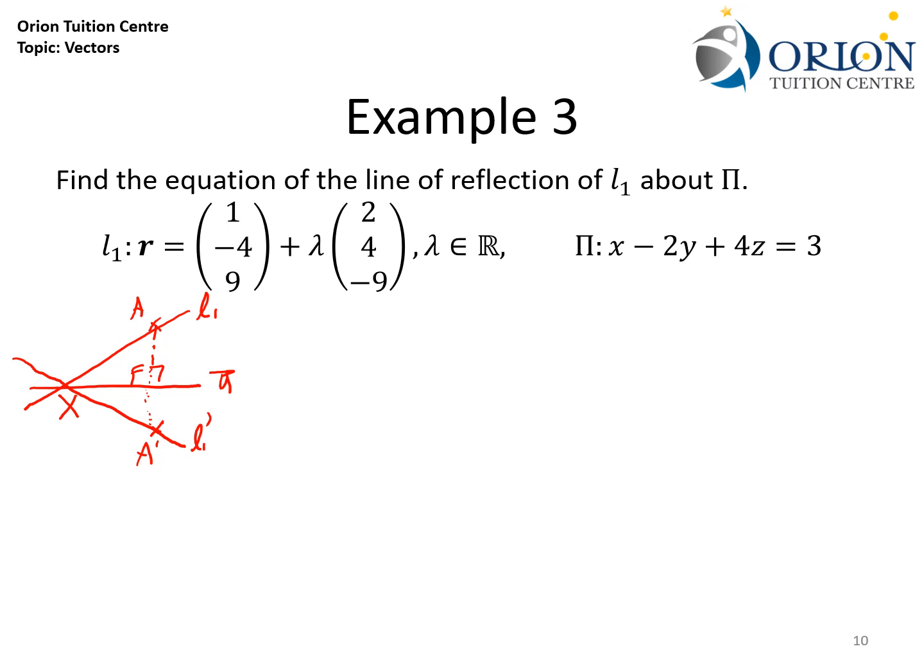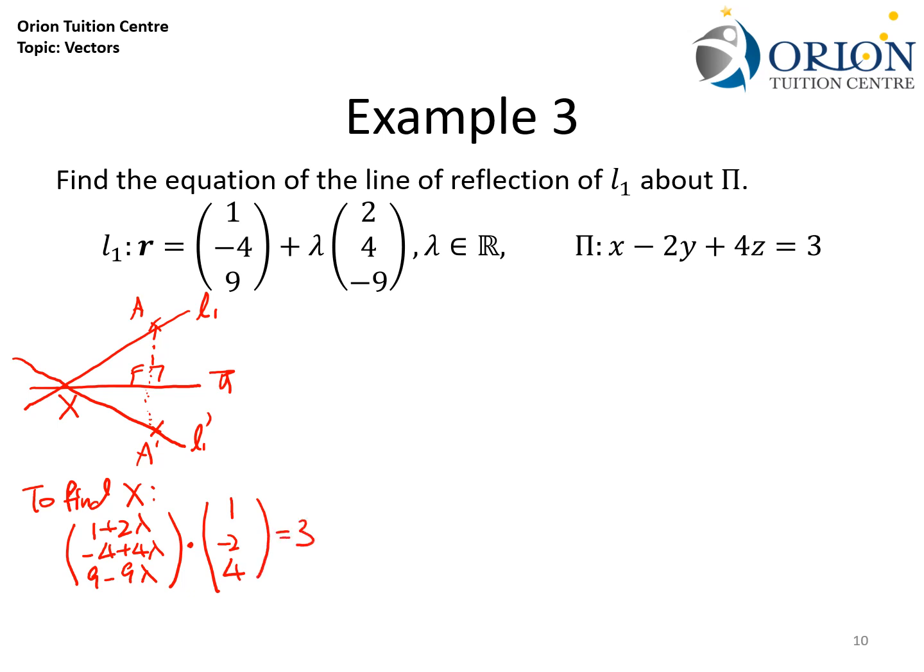So first, let's find what is OX by substituting the equation of the line into the equation of the plane. So to find X, we can say that (1 plus 2 lambda, -4 plus 4 lambda, 9 minus 9 lambda) dot with (1, -2, 4) equals 3.